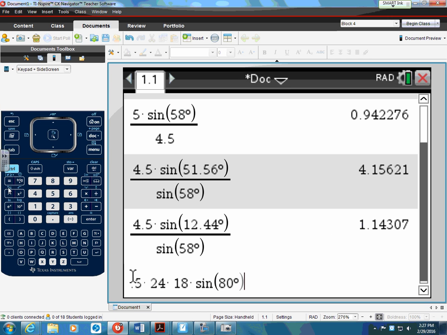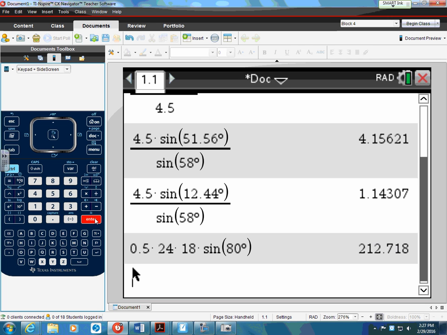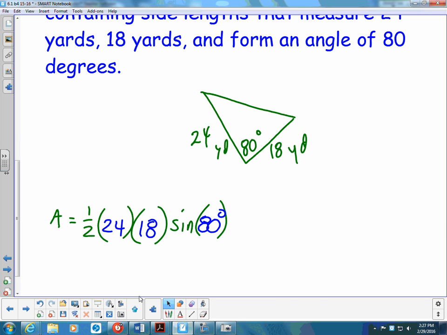All right, and did you get 212.7? What units are we talking about? Square yards. Are we okay with this? All right, that's the area of that triangular lot.